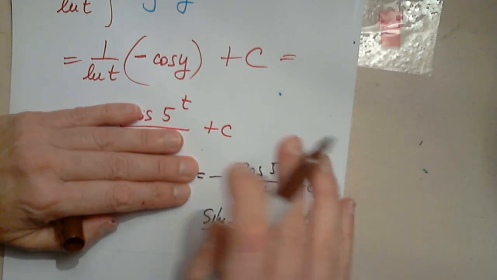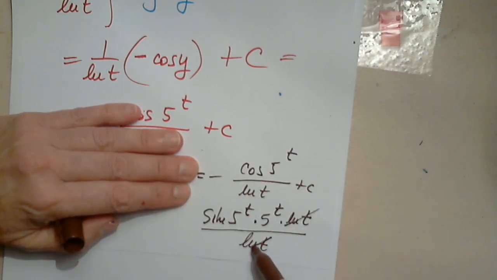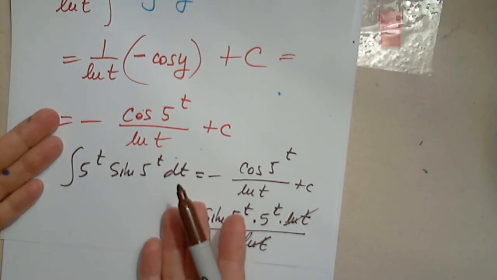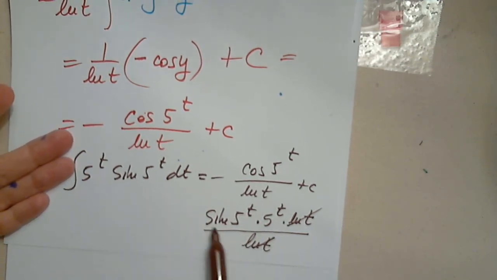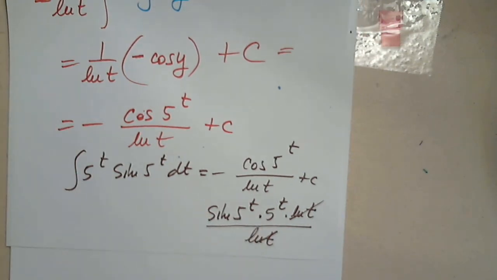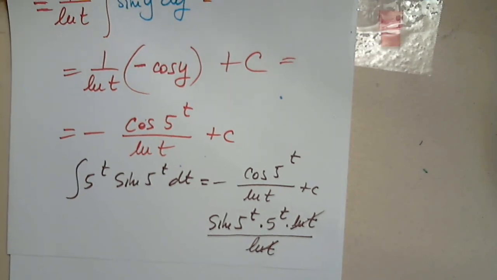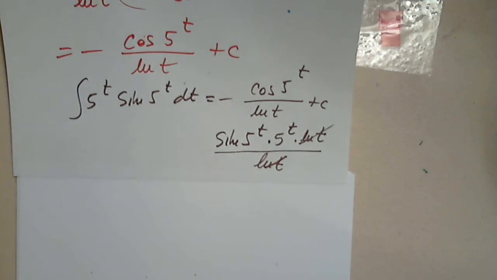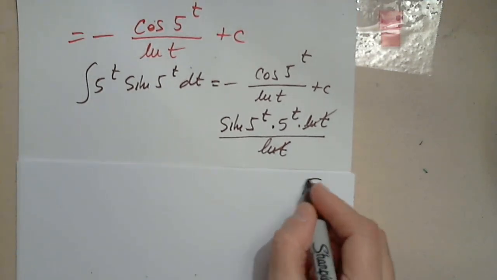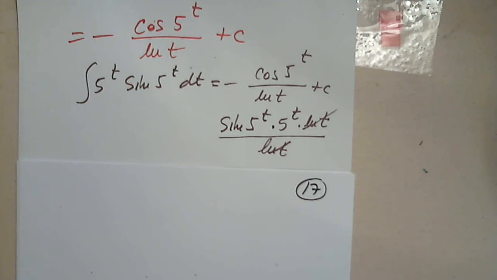And when I differentiate the constant, it goes away. When I differentiate this side, I get 5 to the t sine applied to 5 to the t. Any questions? You do not have to check, but I just want you to remember that indefinite integrals are very nice and friendly. We can always go back and check.